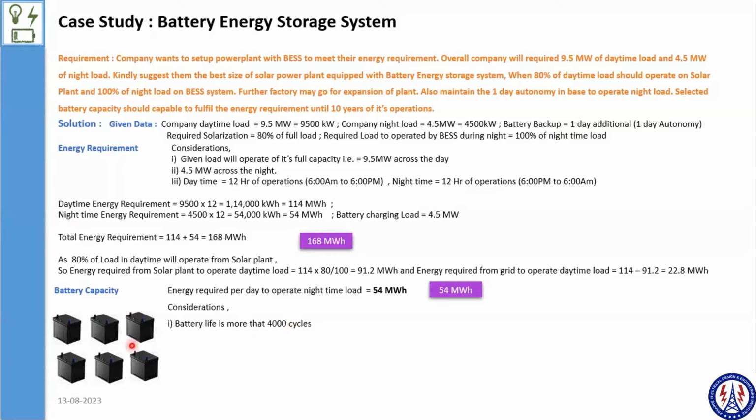How are you going to select? There is a condition: it must operate for 10 years, and every day you are doing one cycle of the battery.